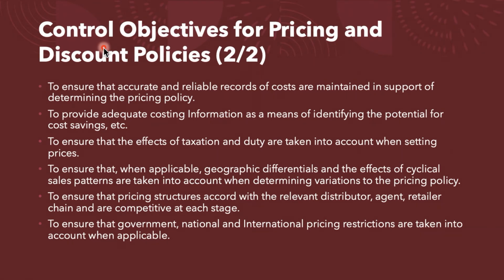Okay? Also, we need to ensure here that the pricing structure accord with the relevant distributor, agent, retailer, chain, and are competitive at each stage. So, kung meron kang agents or intermediaries before the end user, you should also consider your pricing structure. Parang ganito lang yan, no?